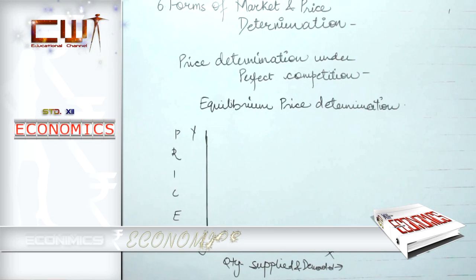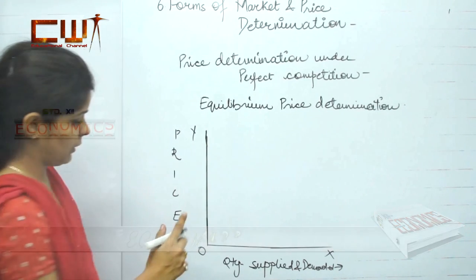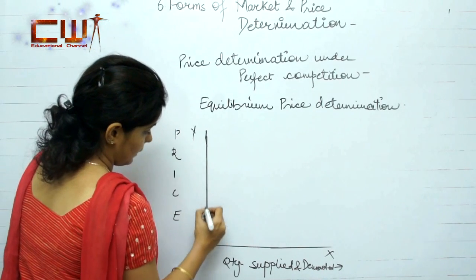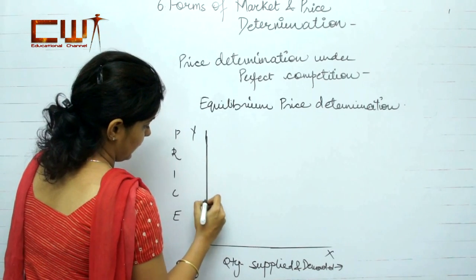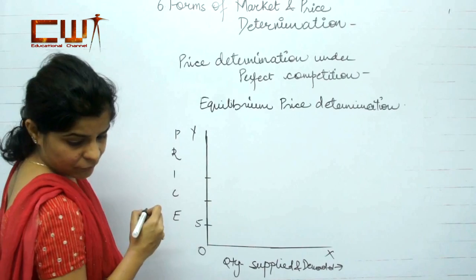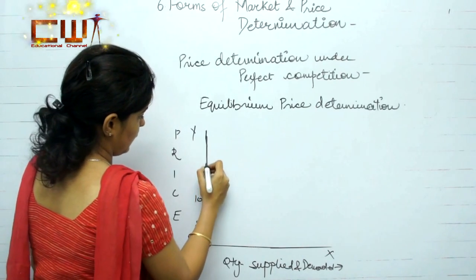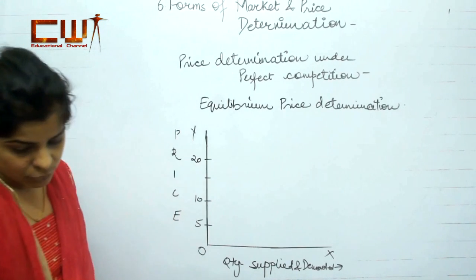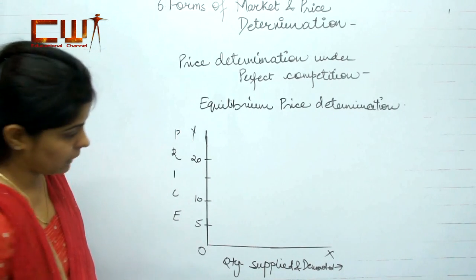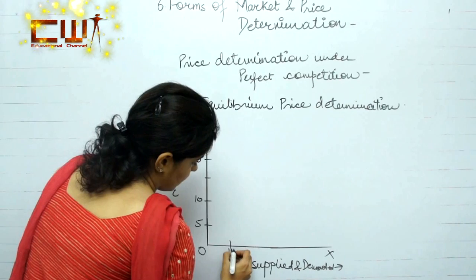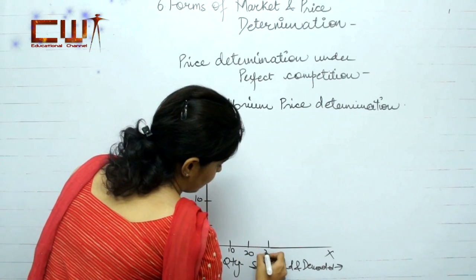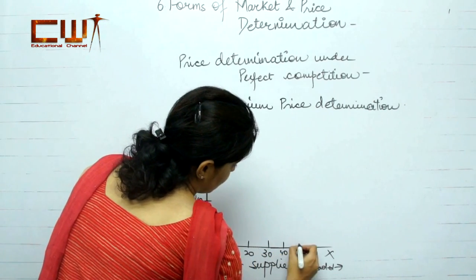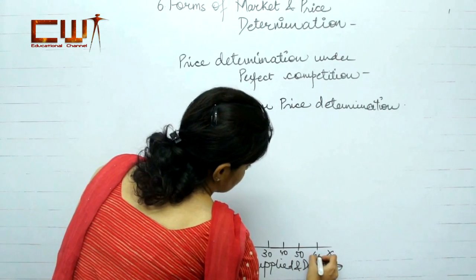You have 5, 10, 15, 20, with a difference of 5 each. And then you have quantities 10, 20, 30, 40, 50, 60 that you can take.